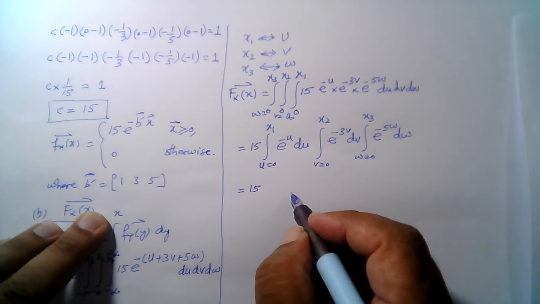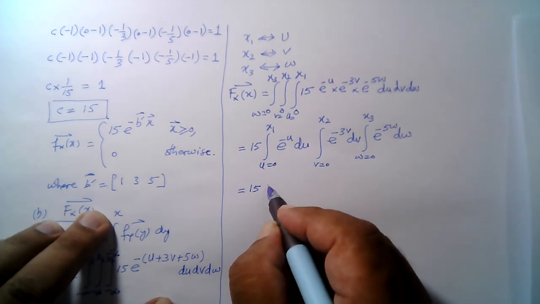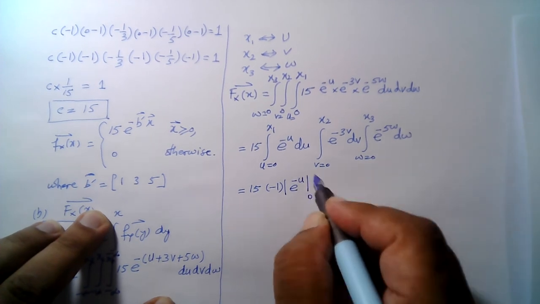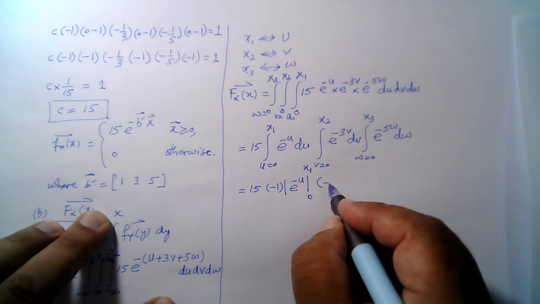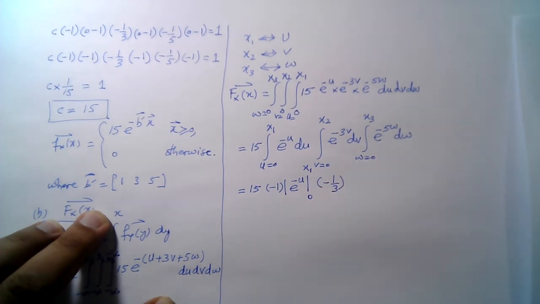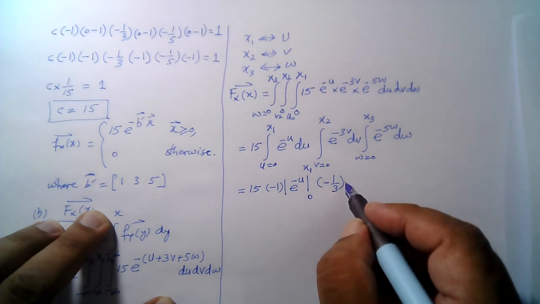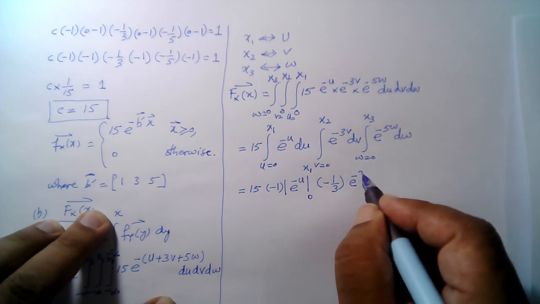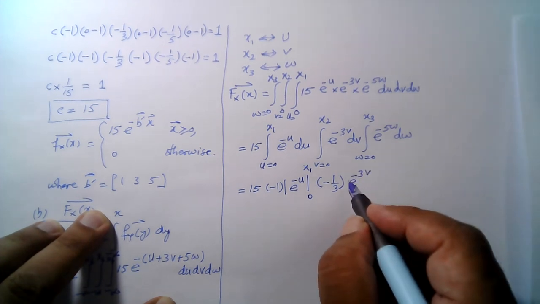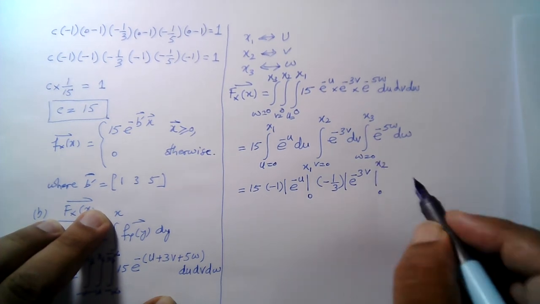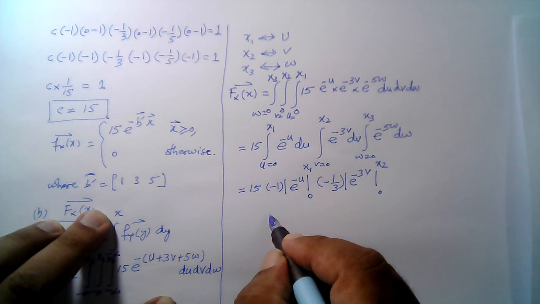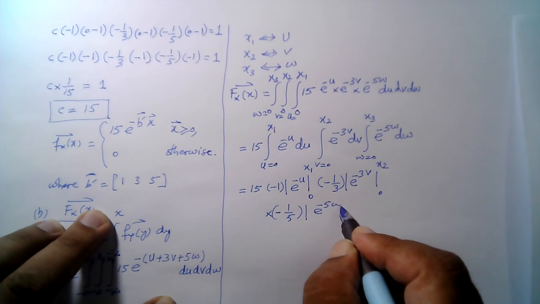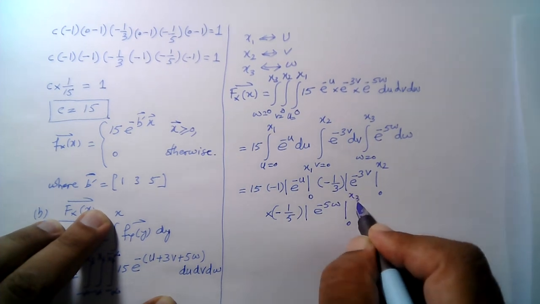So 15 here, and this will be minus 1 multiplied by e raised to power minus u, and u is from 0 to x1, right? And this will be minus 1 over 3 multiplied by e raised to the power minus 3v, and the limits will be from 0 to x2, and again this will be minus 1 over 5 e raised to power minus 5w, and this is 0 to x3 here.